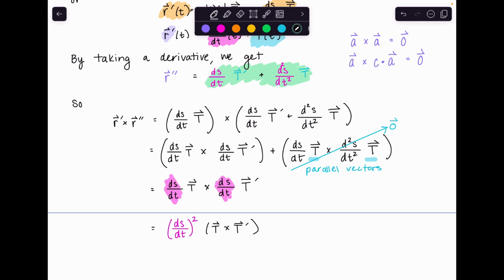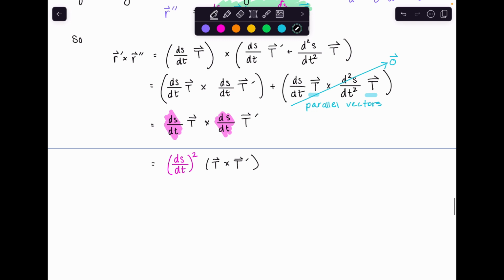Now, one of the properties we went over was that if a vector has constant length, then it will be orthogonal to its derivative vector. That was a very special case. If you think about it, this is the unit tangent vector. It is always length 1. It is going to be orthogonal to its derivative.